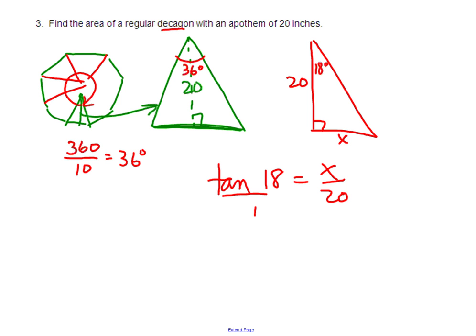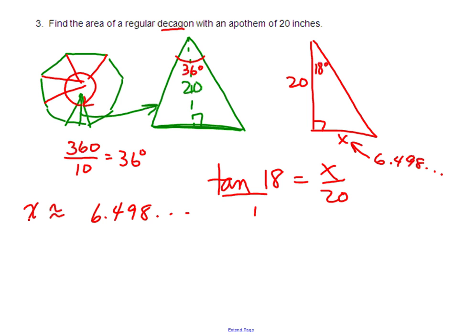And when I cross multiply that, I get somewhere around 6.498. All this stuff's on your calculator. So this base is somewhere around 6.5. And again, try to keep those decimals in there.